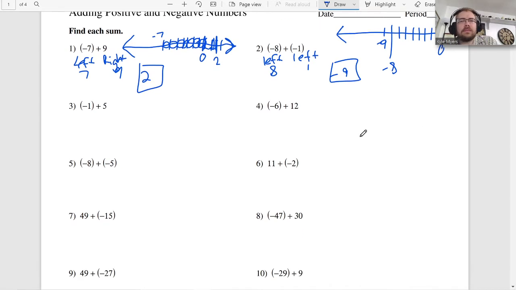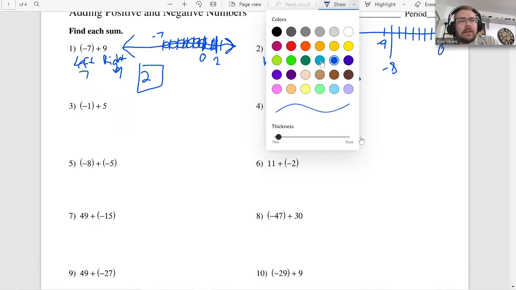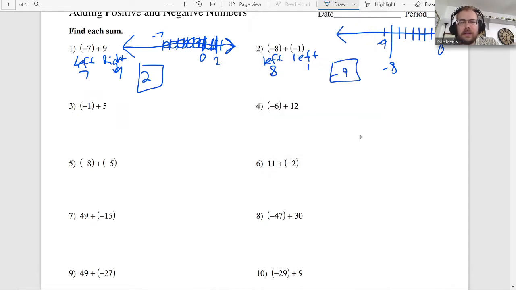Let's try it again, but we'll go a little bit faster here. Let's do a different color. Teal works. Teal looks blue to me, but people say it's a bluish green. I must be colorblind. So we'll start at 0, and we go left 1 space.